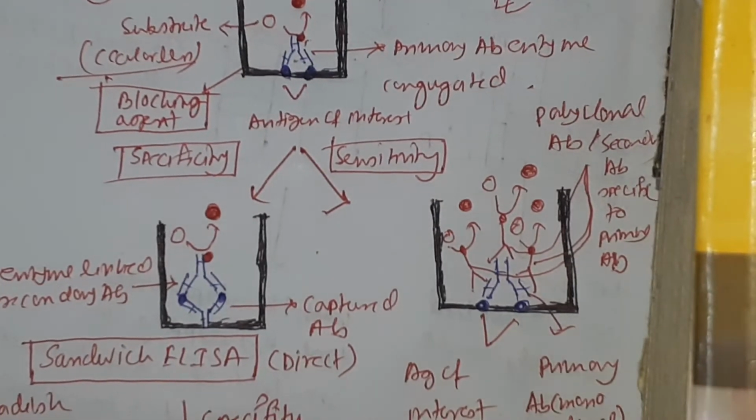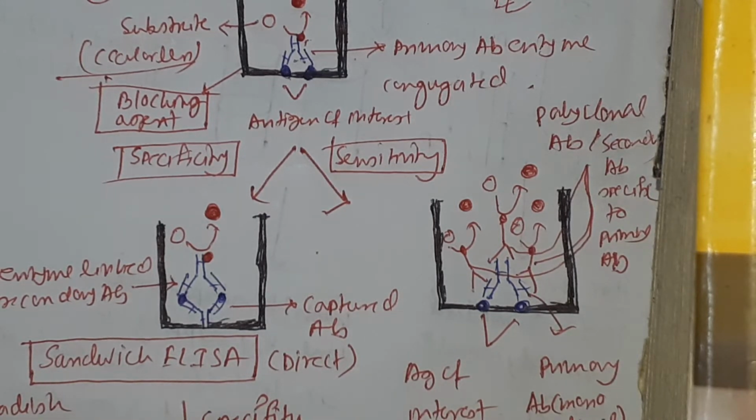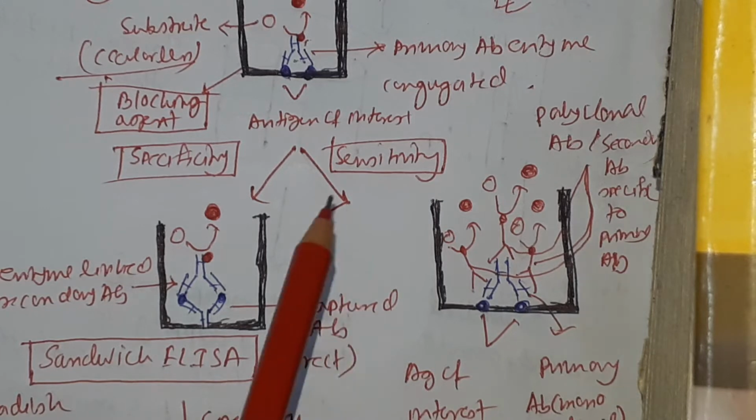So for providing sensitivity, when we are considering multiple antigens and we need to find out only one antigen among them, then we will go for indirect ELISA.